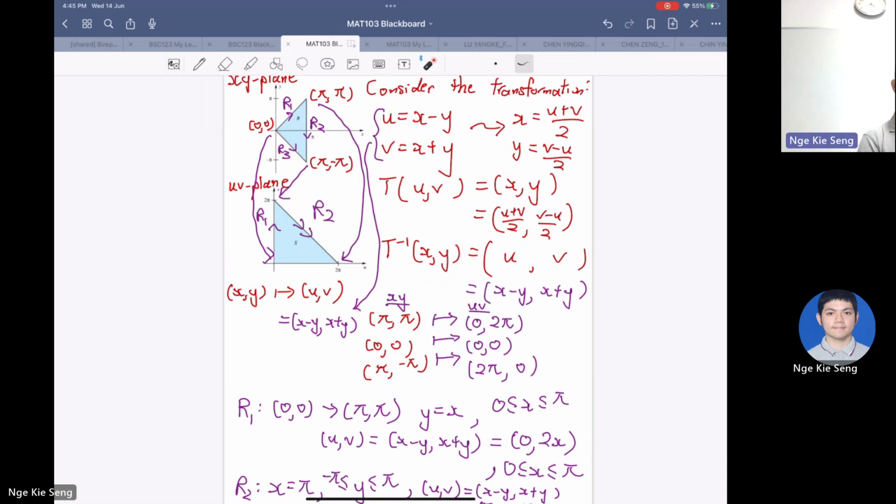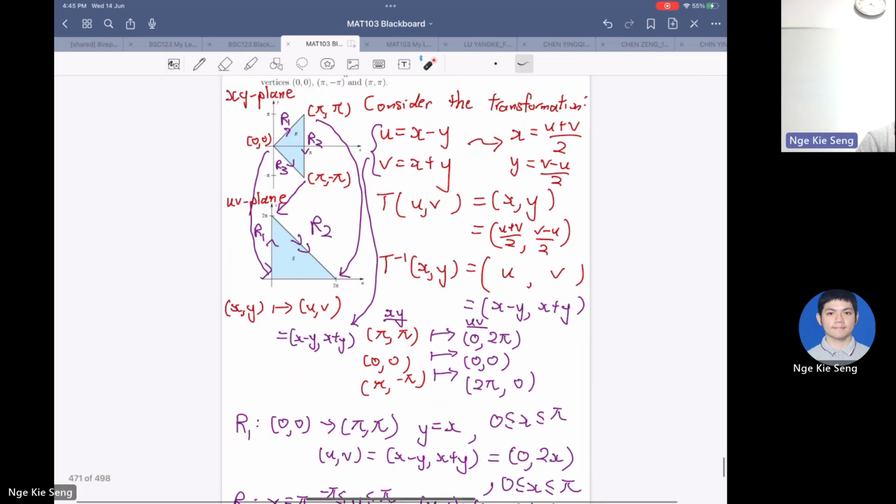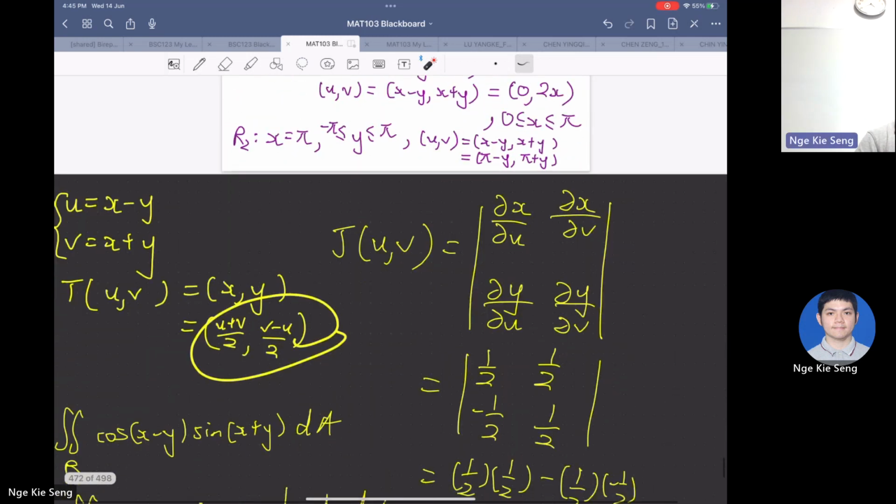So what is R3? R3 is actually a mirror reflection of R1, which is y equals minus x. So let's do it.